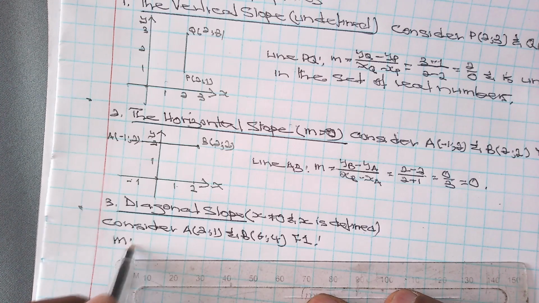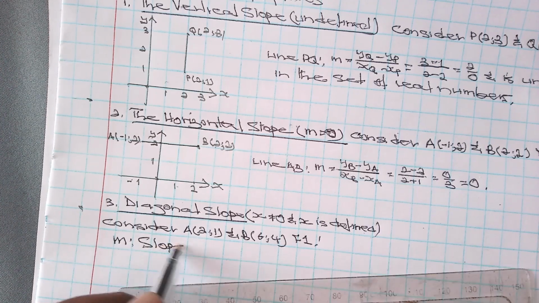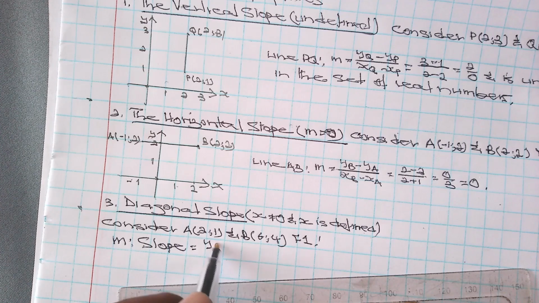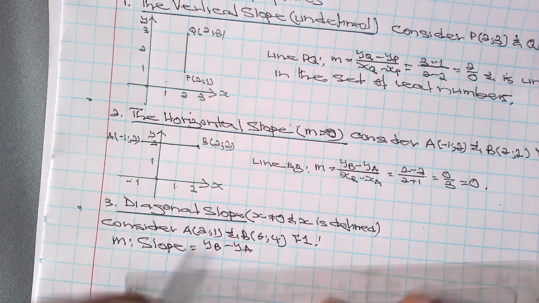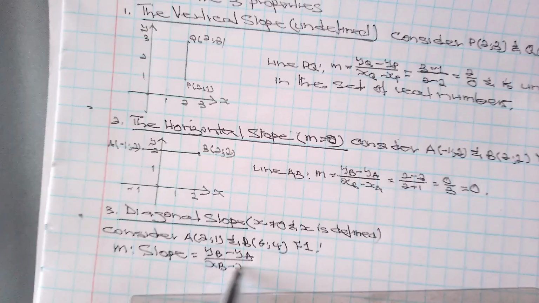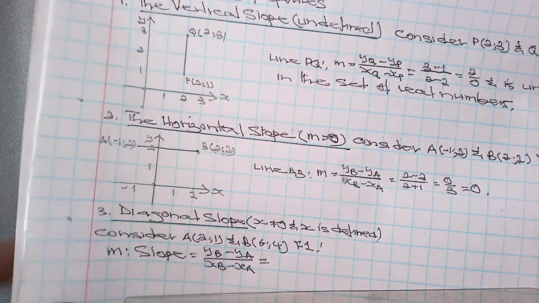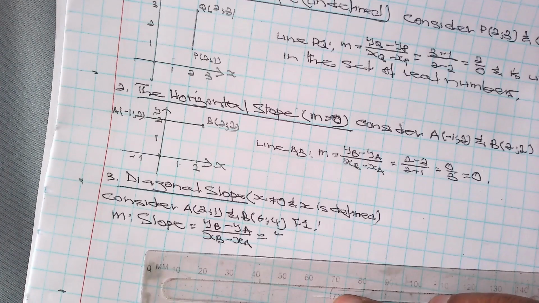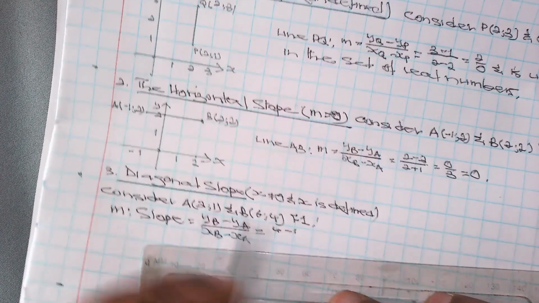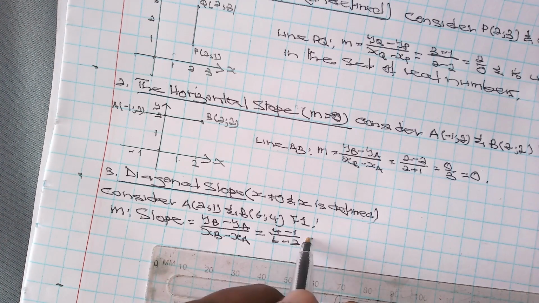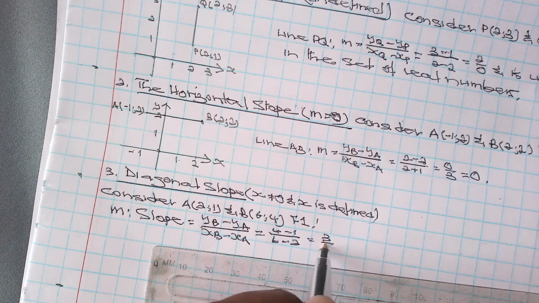We have M, which is slope, equals YB minus YA all over XB minus XA, which is equal to 4 minus 1 all over 6 minus 2, which gives us 3 over 4.